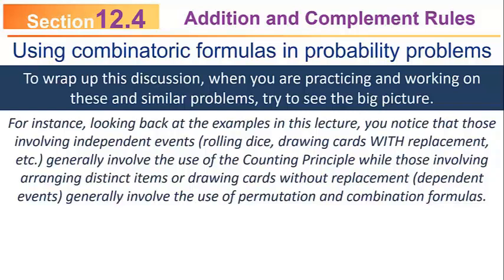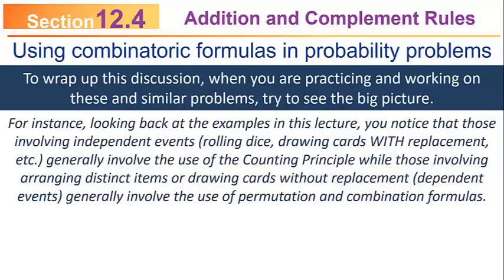When you're rolling 1 die, 2 dice, you've got to be careful. If the things involve independent events like rolling dice or drawing cards with replacement, you're generally going back to the counting principle because the combination and permutation formulas are generally used to count arrangements or choosing objects from distinct objects.